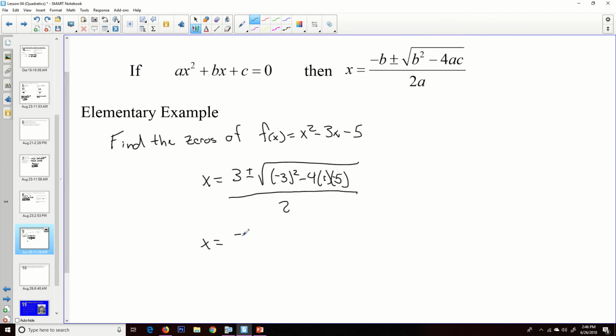So we've got x equals 3 plus or minus the square root of, remember, when you square a negative in your graphing calculator, I get this error all the time, and I'm trying to keep you from making that error. When you square a negative number in your graphing calculator, please make sure you put parentheses around it, because we know that negative 3 times negative 3 should be positive 9.